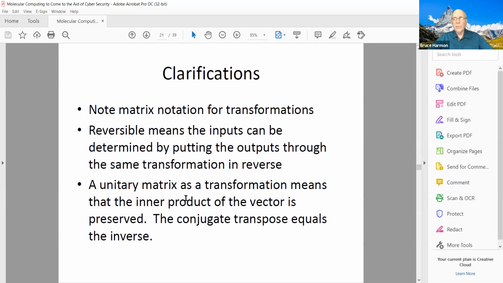A unitary matrix is a transformation that means the inner product of the vector is preserved. And that means that the conjugate transpose equals the inverse, which is a handy feature in that an inverse is expensive to achieve, whereas a transpose is trivial, gaining performance by virtue of that restriction.